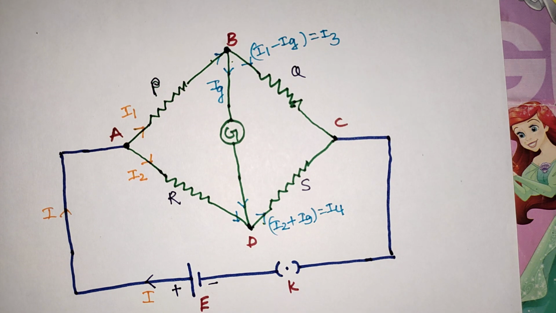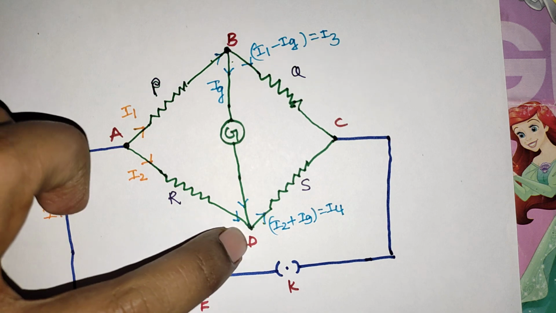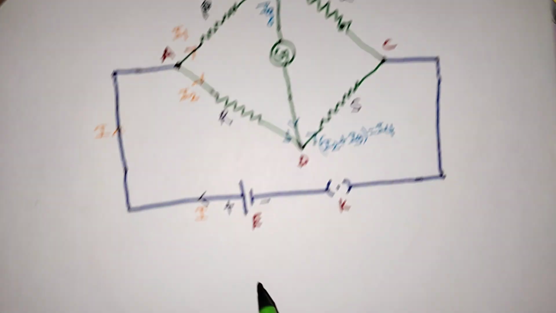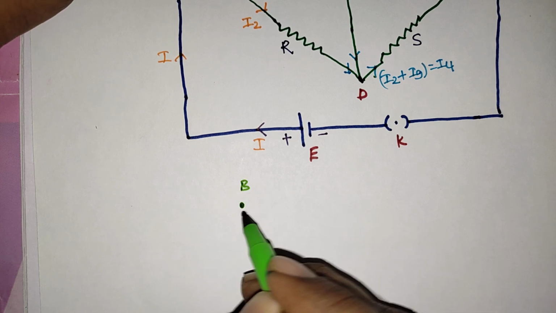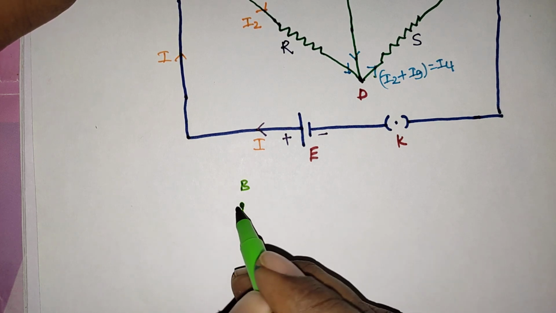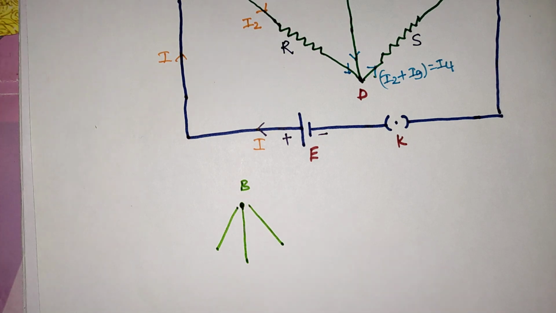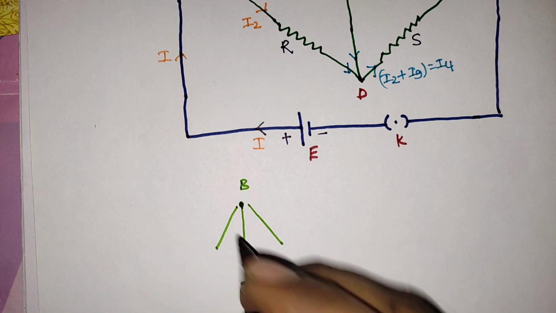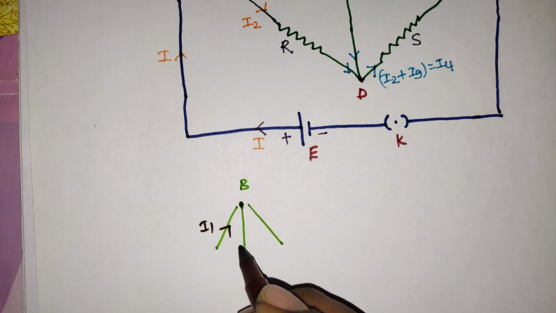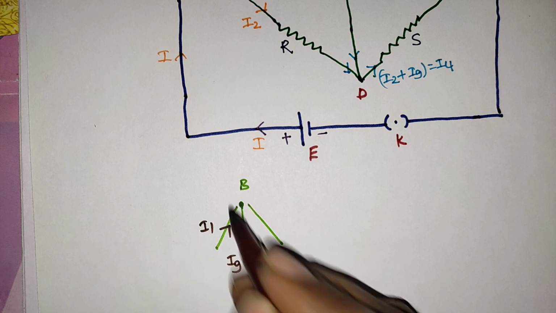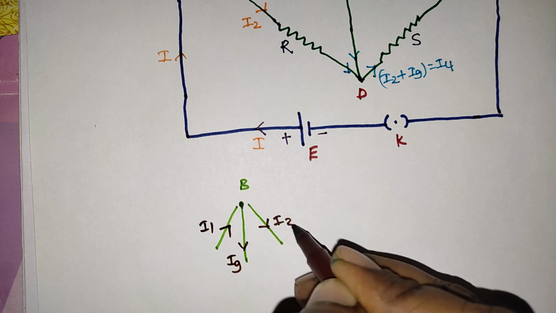Here we have 2 junctions, point B and point D. I am going to apply Kirchhoff's current law at point B. Here current I1 is flowing, I1 is entering, Ig is leaving, and I3 is also leaving.